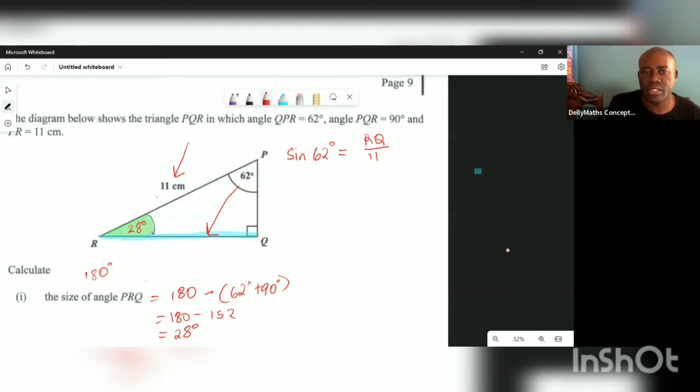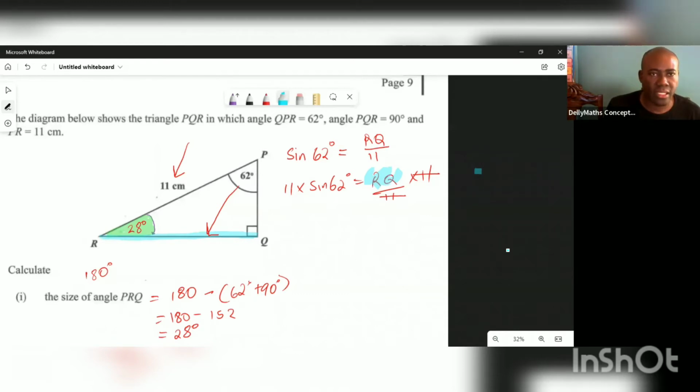And then from this, you could see that if we multiply 11 by both sides, then RQ is equal to 11 times the sine of 62. So make sure our calculator is in degrees as we do this. 11 times the sine of 62.